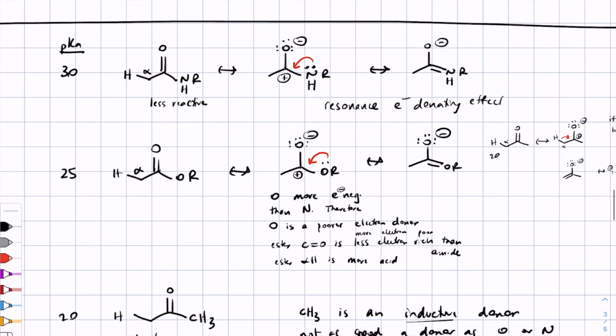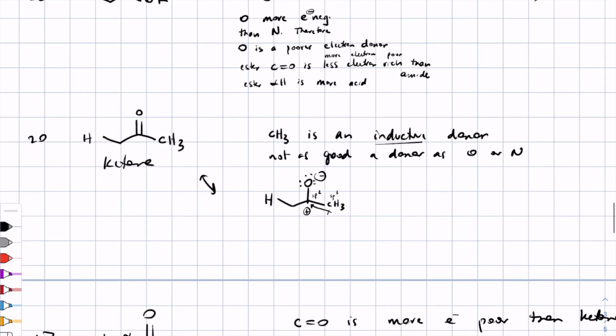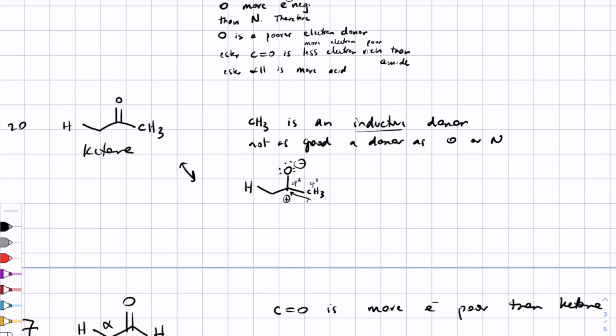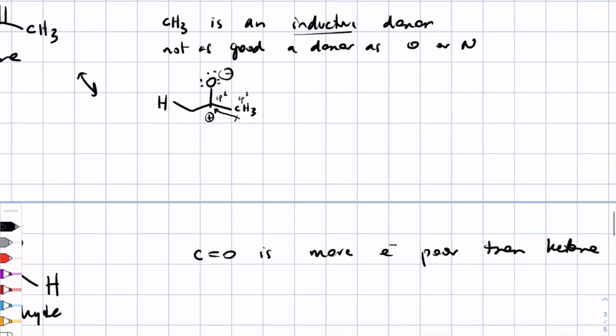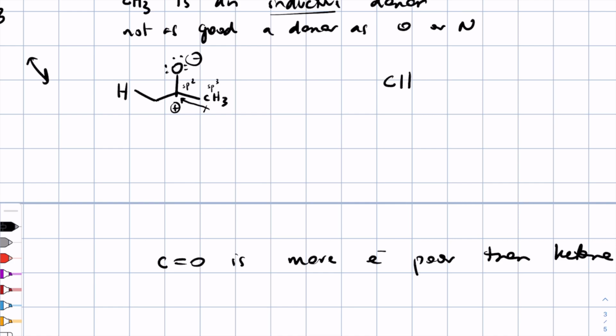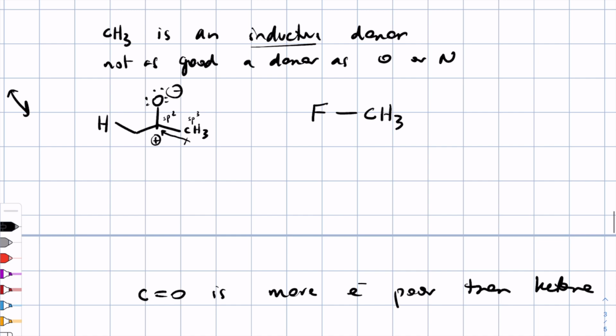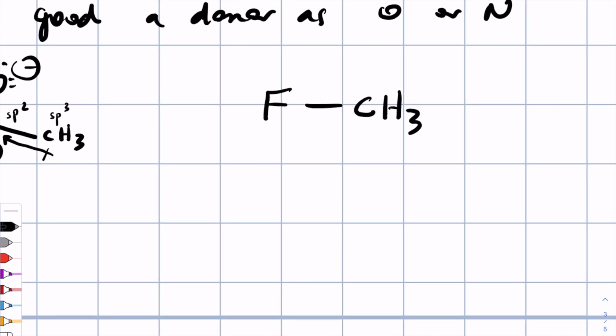An inductive donation effect is the reverse of electronegativity. It's the flip side of the electronegativity coin, right? You're probably comfortable saying that because fluorine is more electronegative than carbon, the fluorine should be electron rich, the carbon should be electron poor.